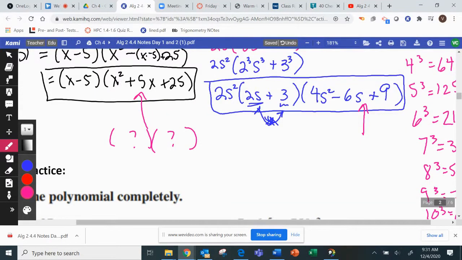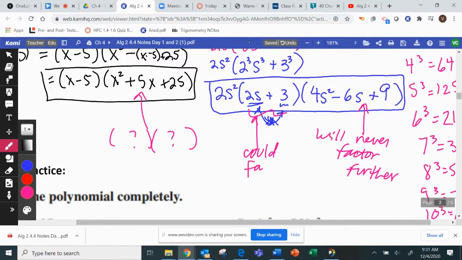So if I know that I'm using the cubic formula, I know I don't have to check this. Otherwise, you should probably just check it if you don't remember that. The binomial might factor further, but the trinomial will never factor further.